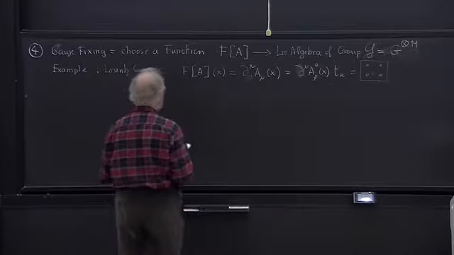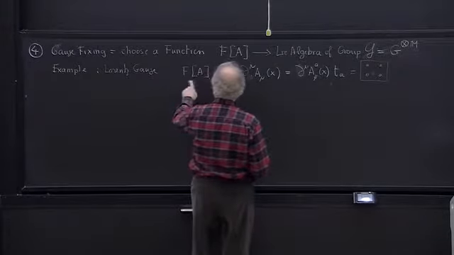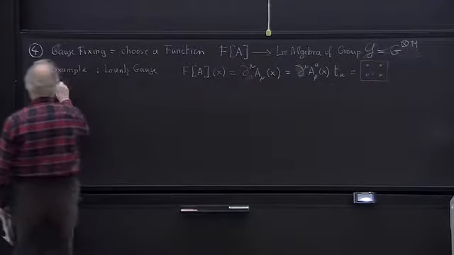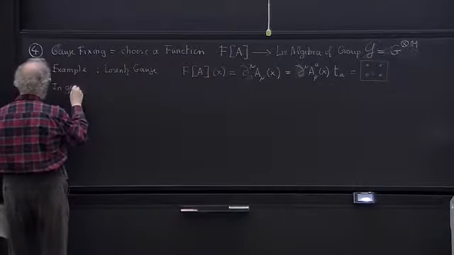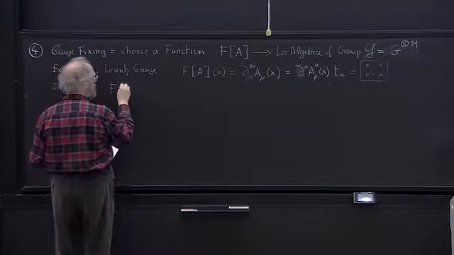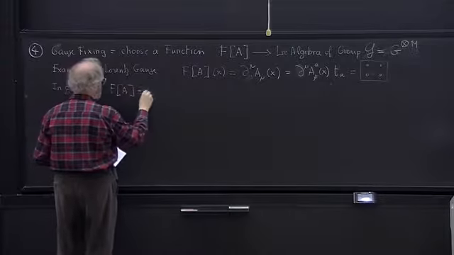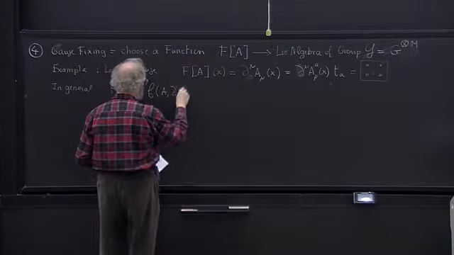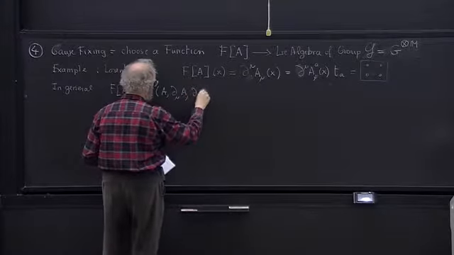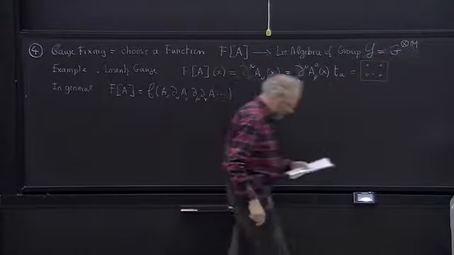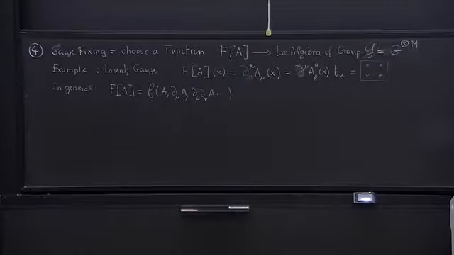But this means simply that, you see, this is f of A for Lorentz gauge. And in general, we are going to find a function f of A, which is some function of A and d mu A. You can construct gauges that depend on A and some of their derivatives.